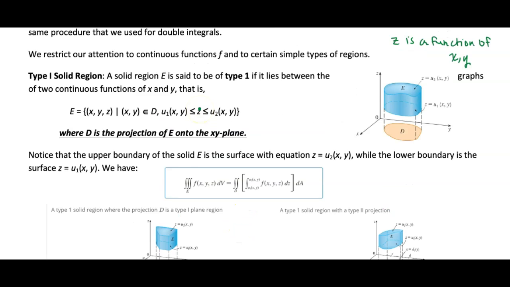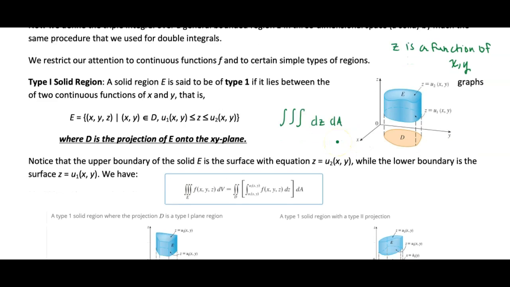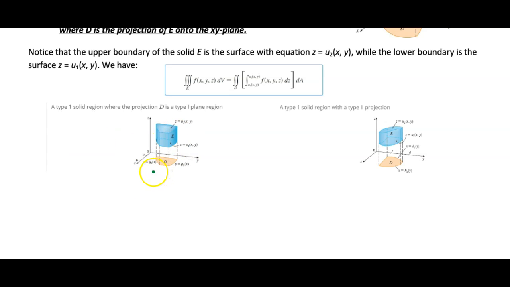So this type 1 solid region means that our integral is automatically going to be written as dz times dA, where dA is either dx dy or dy dx. So in this case, where y is a function of x, we would be writing this triple integral as dz, dy, and now y is a function of x, dx.